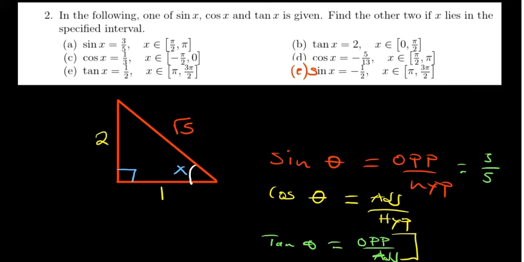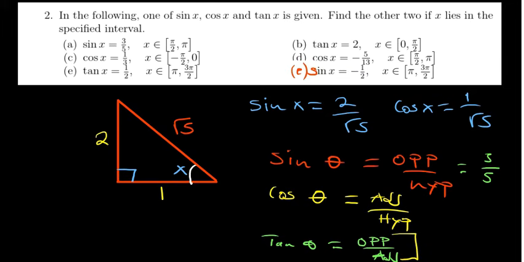So how do we do it? Tan has already been given. Sine is going to be the opposite over the hypotenuse, so sine x is 2 over root of 5. For cos, it will be the adjacent, which is 1 over root of 5.